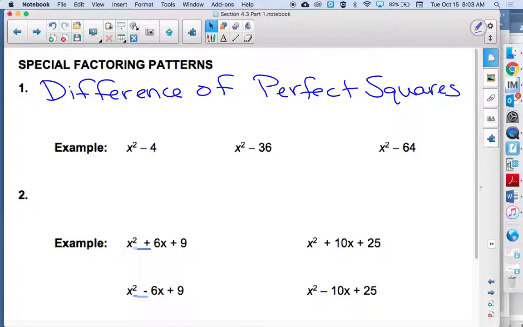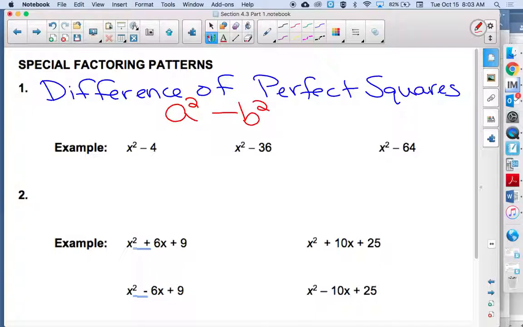So again, it's a pattern that we can follow. The pattern says if you have one number that's squared or variable minus another number that's squared. So Alyssa said these are perfect squares. So we use an A and a B to represent 2 different numbers that are squared.